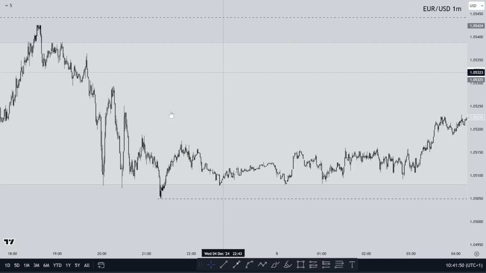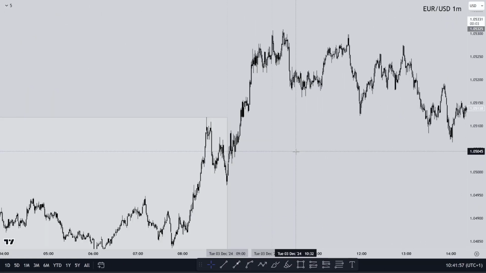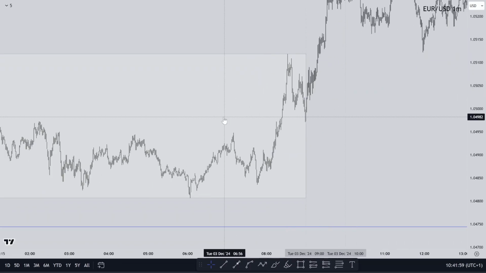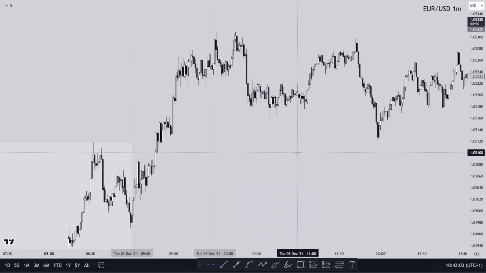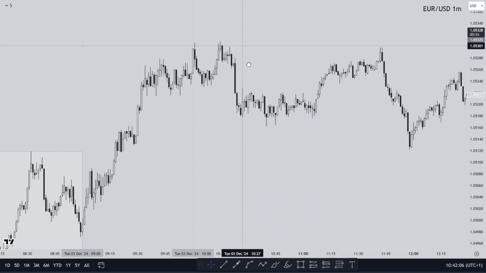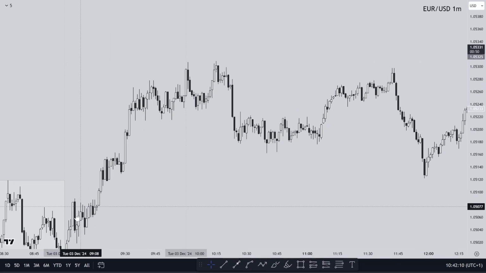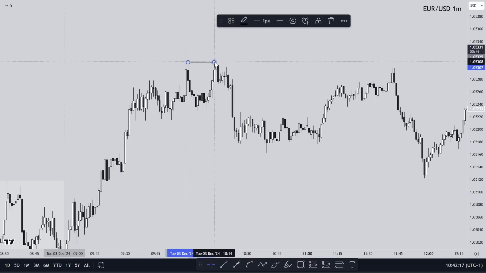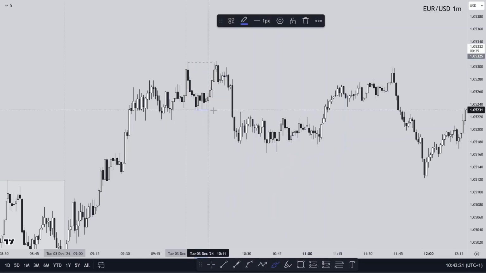If you remember the previous video, it was recorded maybe on Tuesday. Oh, I deleted the drawings, of course, but it was this one. After the price reached the top of the London opening range, it took out liquidity from this level and then dropped below this minimum.